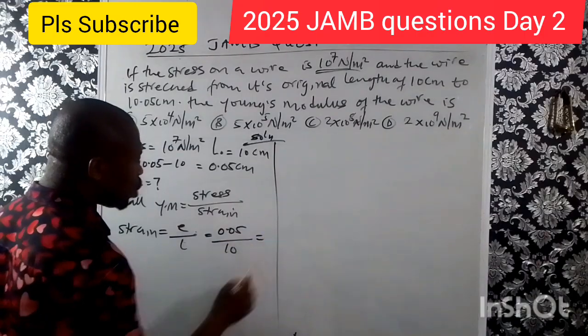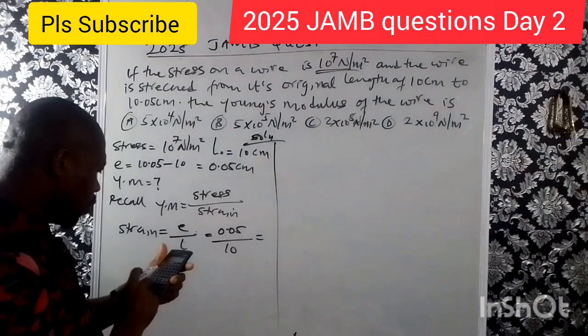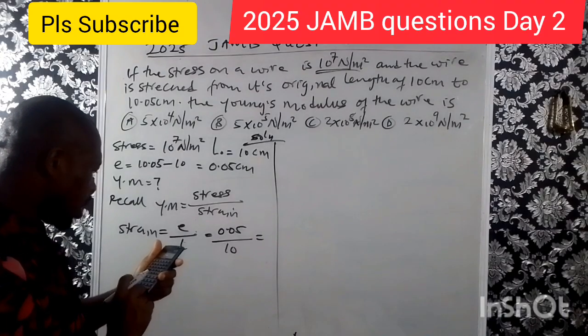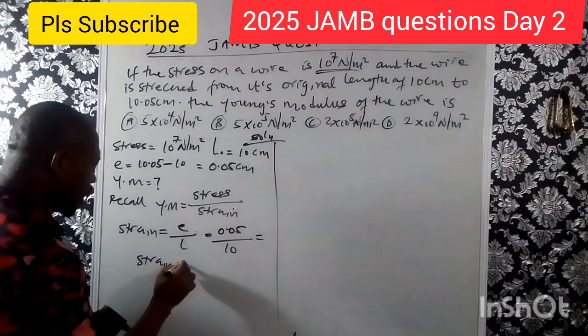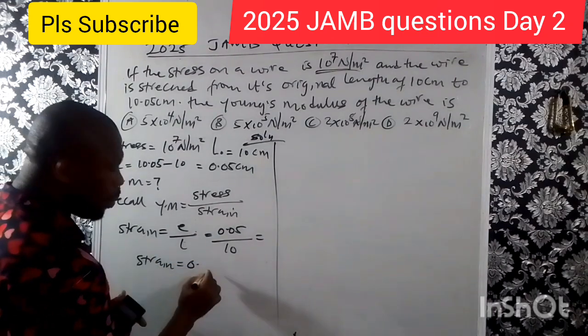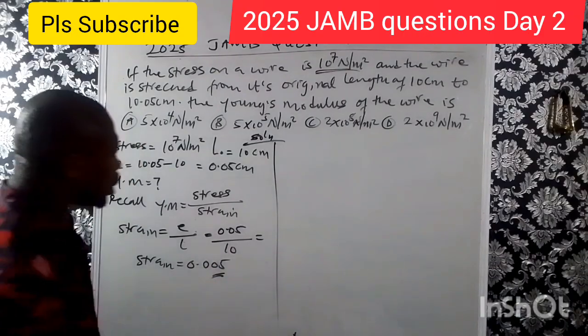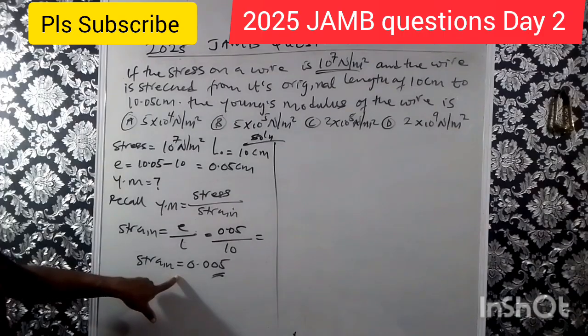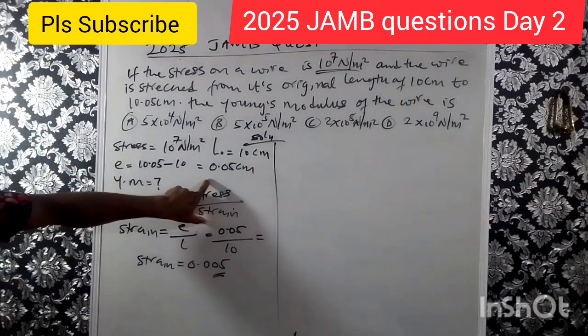Strain is 0.05 divided by 10. It will give us that tensile strain is 0.005, no SI units. Now, having gotten the strain, we have the stress already, we'll move into this equation.